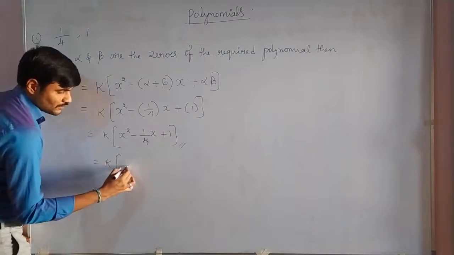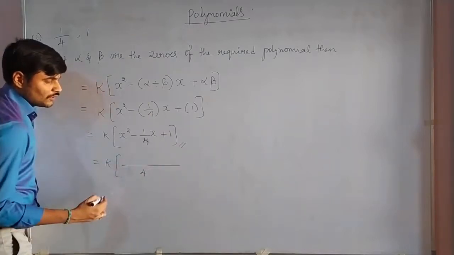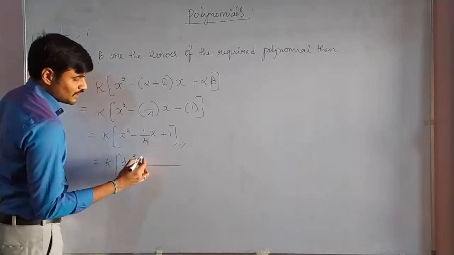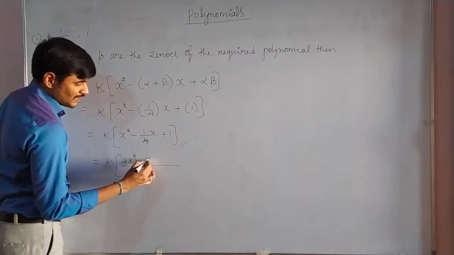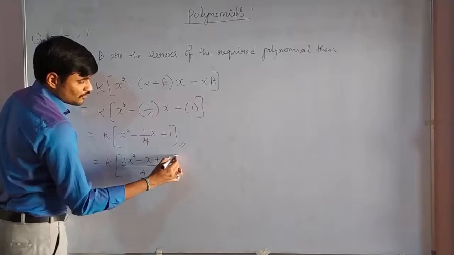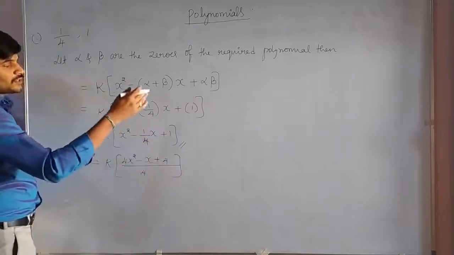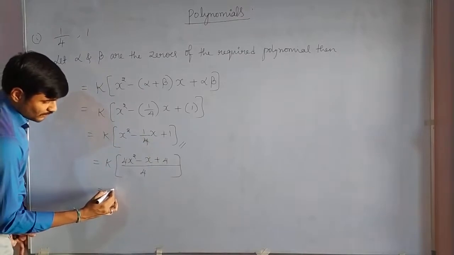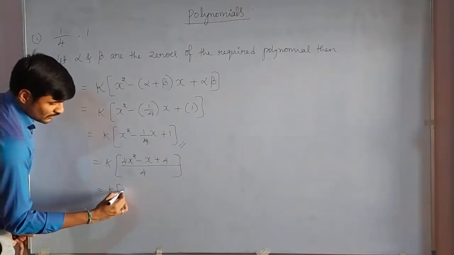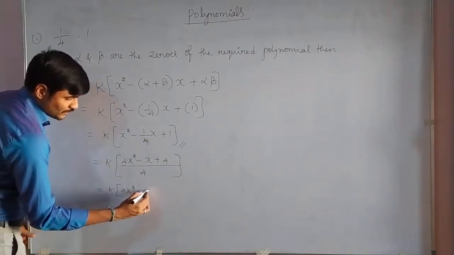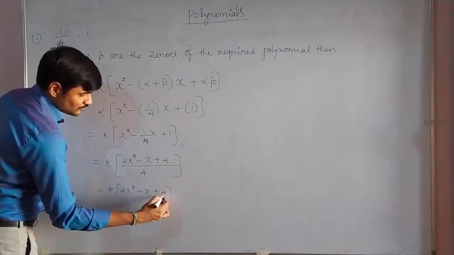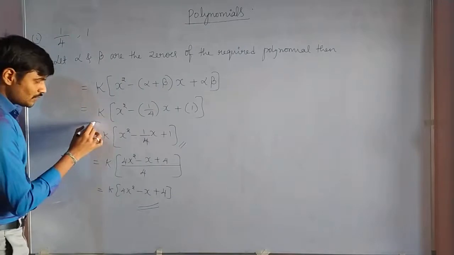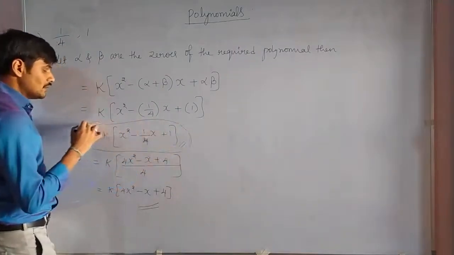if you go for simplification, you can take 4 as the LCM. So it will be 4x square minus x plus 4 over 4. So ax square plus bx plus c is equal to 0. Then here it will become k into 4x square minus x plus 4. This is also an answer, or you can stop here only.